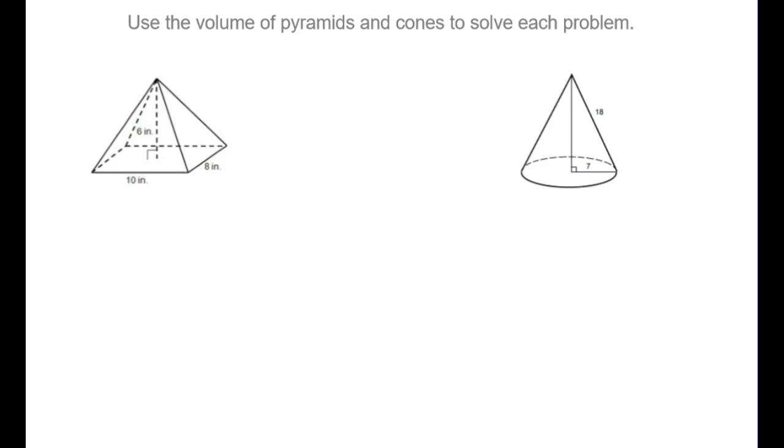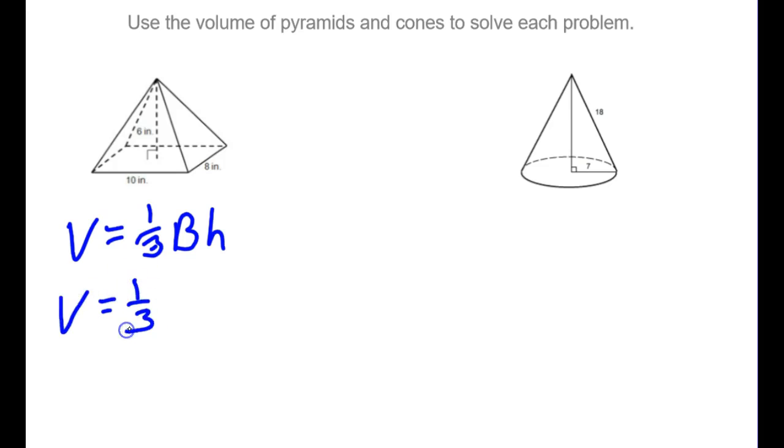Now we are going to use those volume formulas we just discussed. First, we're going to work with the pyramid on the left. So the volume is equal to 1/3 times the base times the height. In this case, our base is a rectangle. Okay, we have this rectangle 10 by 8, and then we have our height. So we have the volume is equal to 1/3.